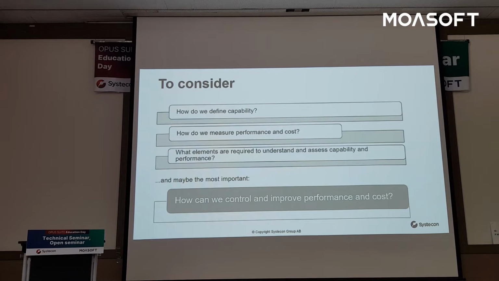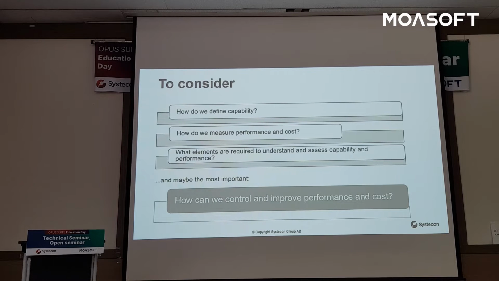So what do we have to consider before we start? Well, how do we define capability? What measures of effectiveness is it that we use to define whether we are successful? Are we capable or not? What is good? And also, how do we measure performance? And how do we measure cost? What costs to include in order to actually be fair and have all the things that matter?